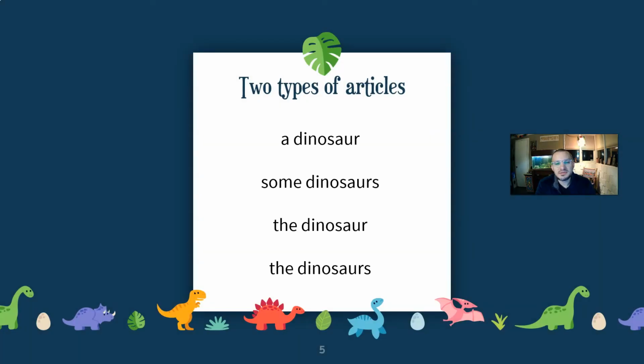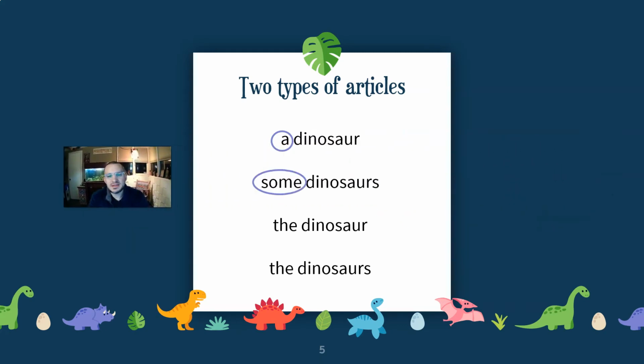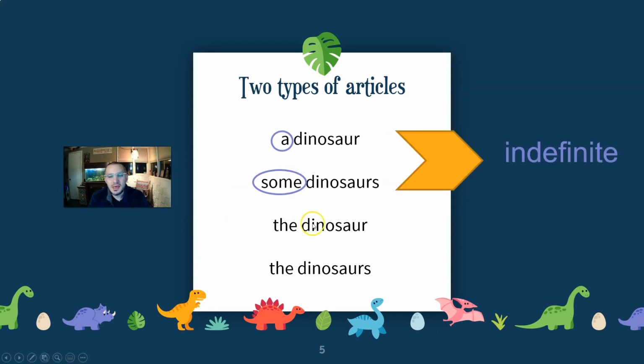So looking at these phrases again, and just using your own intuition or previous knowledge, how would you categorize these 2, definite or indefinite? Well, it turns out that these articles are indefinite because they do not refer to any dinosaur in particular.